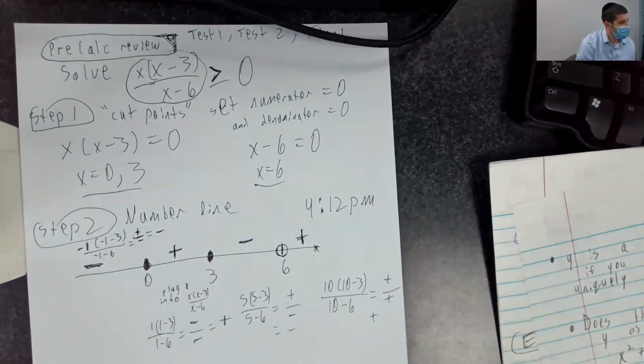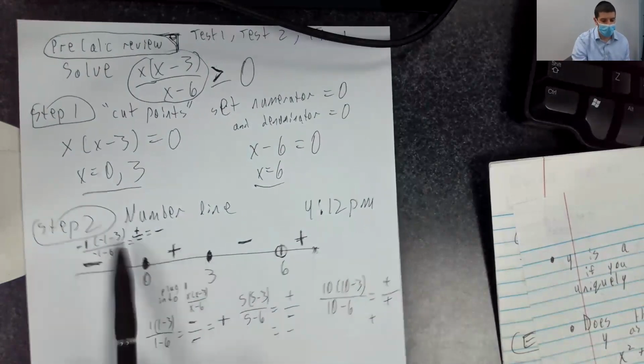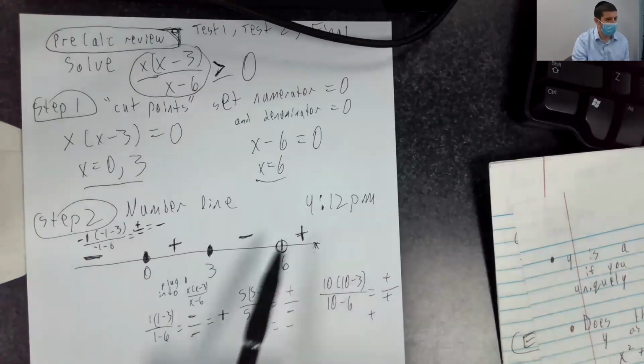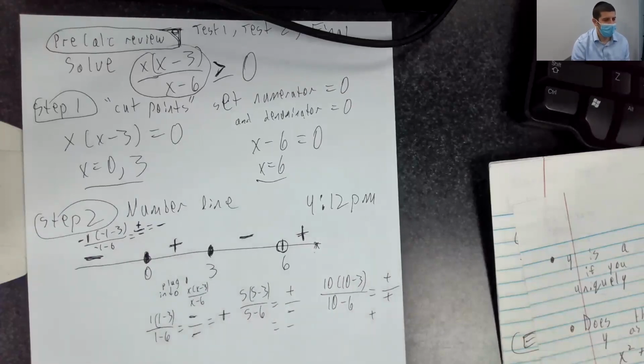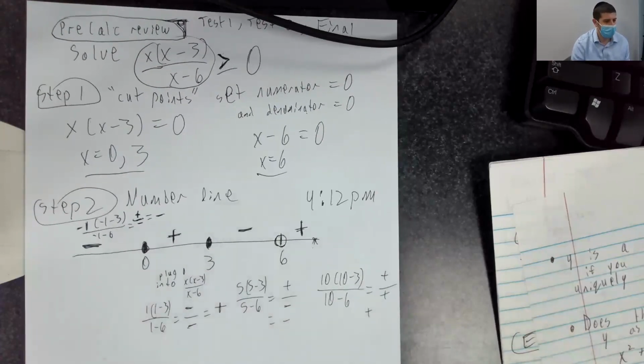Question? Oh, in terms of the answer? Yeah, a question or answer? Question, yeah. Is it always going to be like negative, positive, negative, positive? No, it could be anything. I could make examples with cut points where it'll be minus, minus, minus, minus. Just tell me any pattern you like. You like all pluses? I'll give you the same example where it's all pluses. You like minus, minus, plus, plus? I'll give you the same thing where the cut points are the same, but it'll be minus, minus, plus, plus.